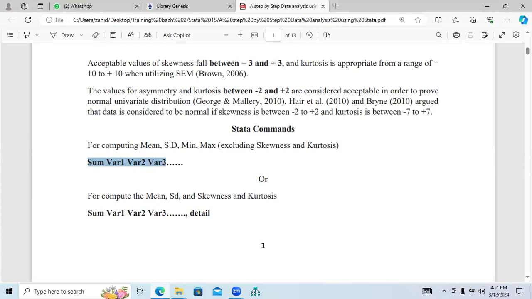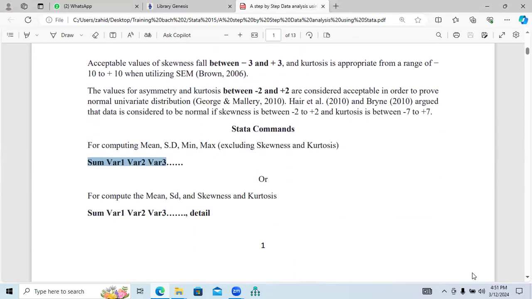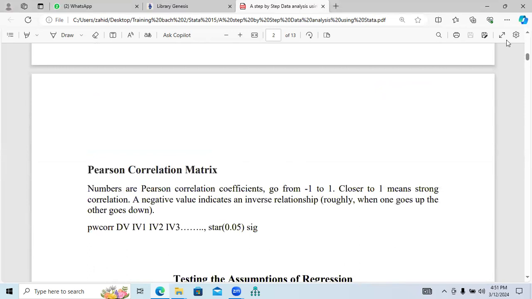And if you need to have the skewness and kurtosis along with your variables, you need to provide a comma along with the detail command. So this is basically the pattern of finding the skewness and kurtosis along with your descriptive statistics.